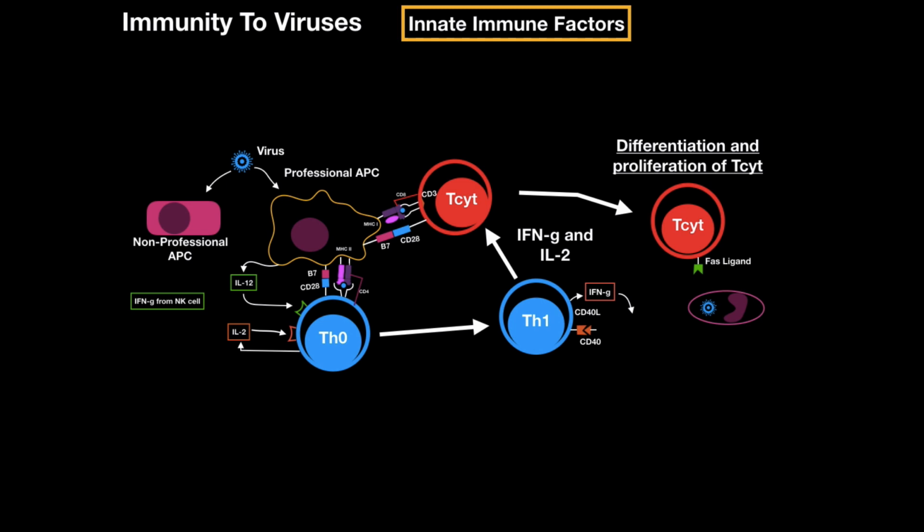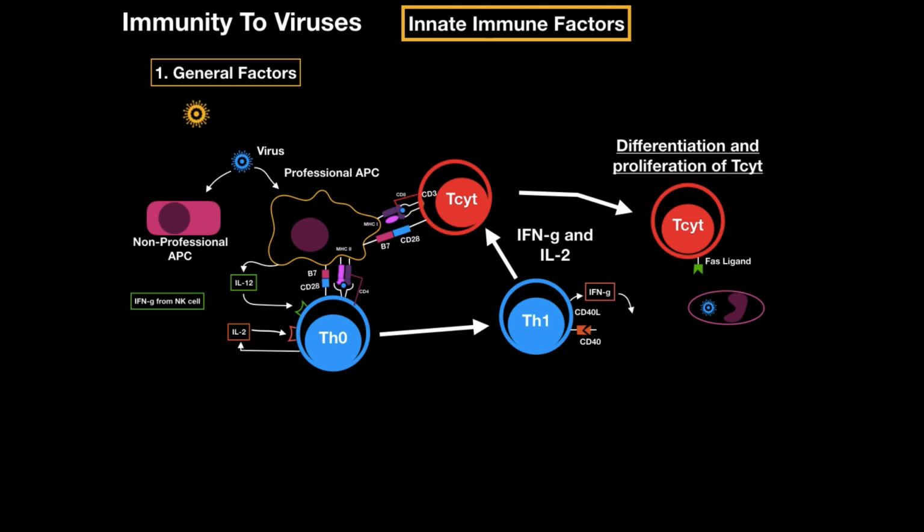Now, there are three factors of the innate immunity that give off a non-specific defense. The first one is general factors. Viruses attack host cells via specific receptors, right? And this partially determines which cell types become infected. This is called tropism, when the virus has specific receptors on a host cell that it attacks.